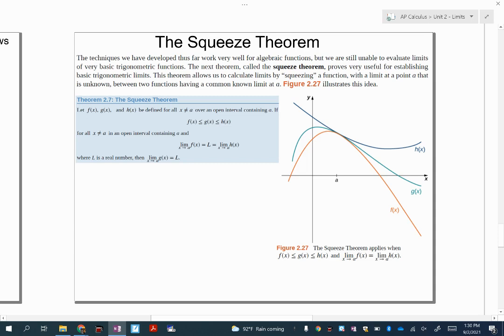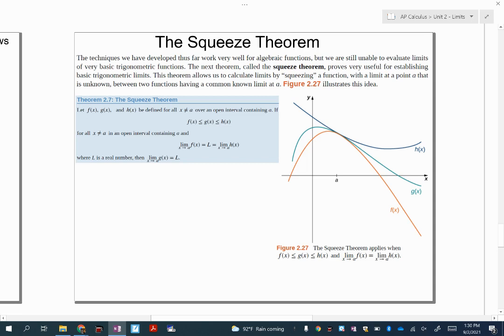If those two have the same limit as x approaches that number, then, with the function you're looking at being the salami or the pepperoni of your sandwich, the squeeze theorem says that they must all have the same limit. So that's what the squeeze theorem is really talking about.